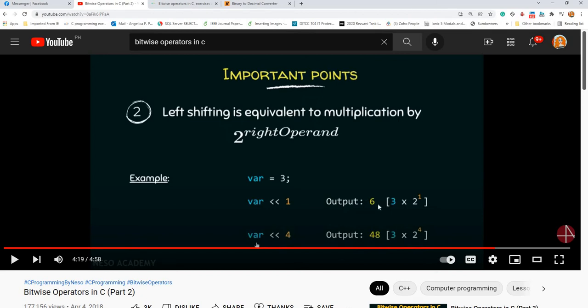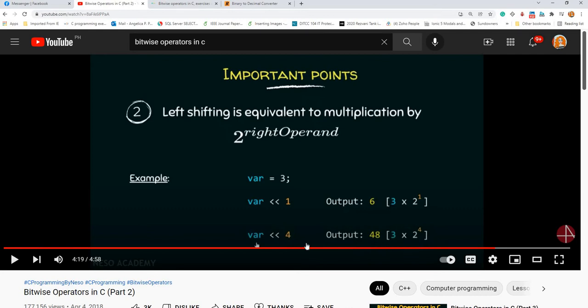Doon sa output niya, 3 times 2, remember, times 1 dahil yung ating operand dito ay 1. So, 2 times 3, 6. Dito sa kabila, ilang beses mong i-compute yung 2? 2 times 2, 4. 4 times 2, that is 8, correct? 8 times 2, 16. 16 times 3, that's 48.